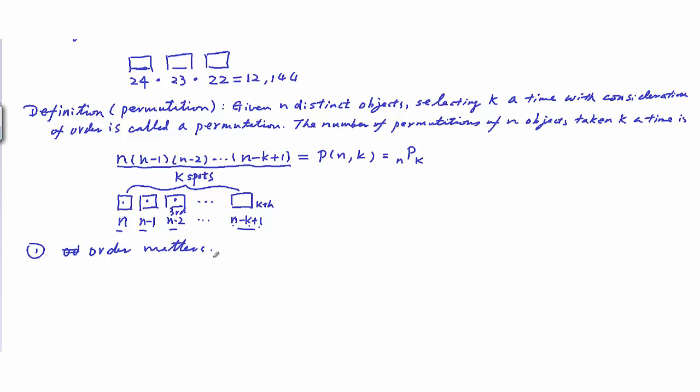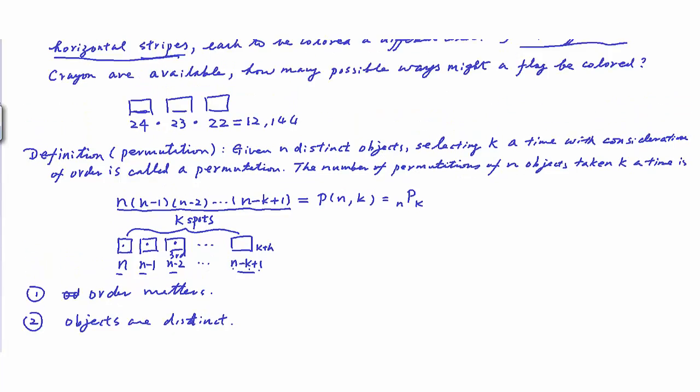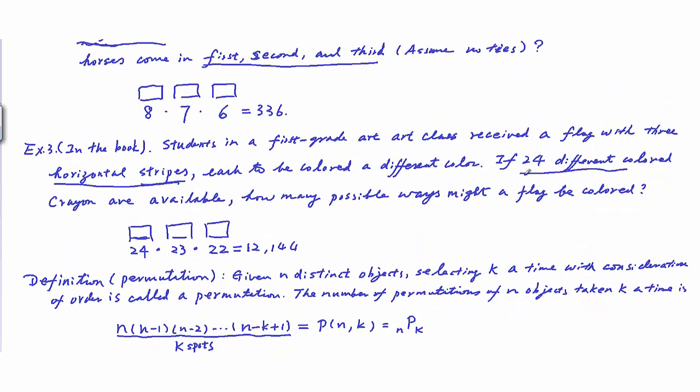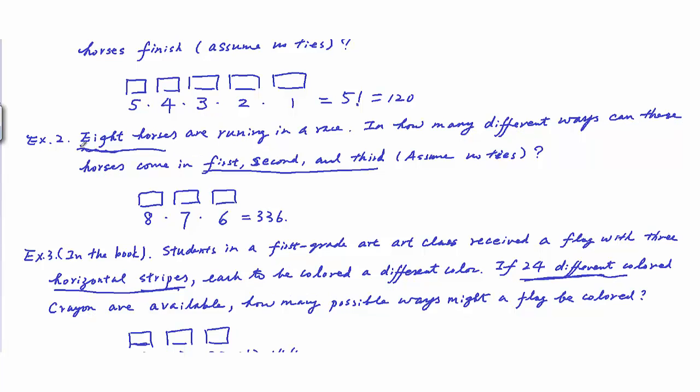For k at a time, you have k spots, and you need to see different orders here. Second, the objects must be distinct. So we have n distinct objects. When we talk about crayons, we have 24 different colors, and for horses, of course, the 8 horses are all different.